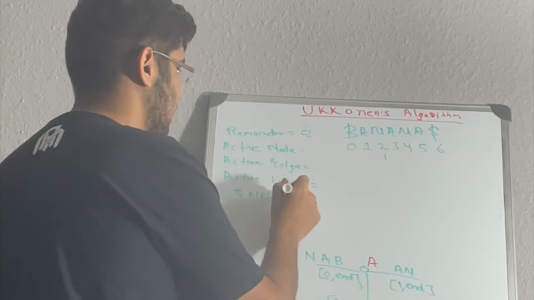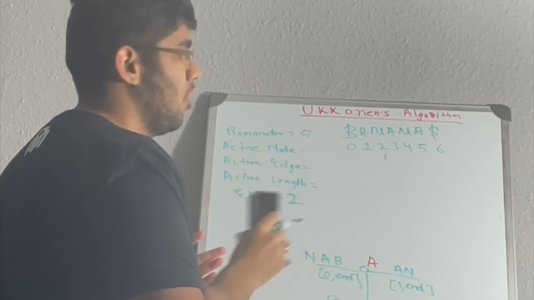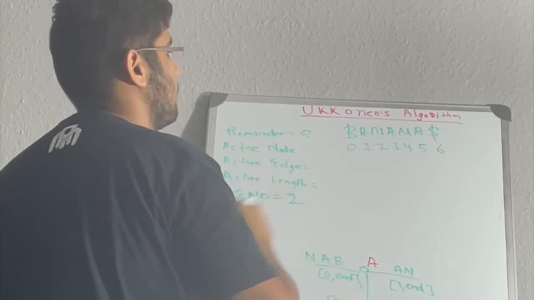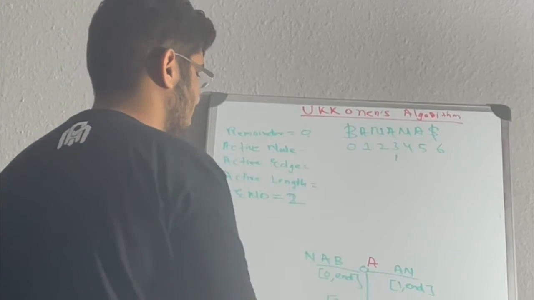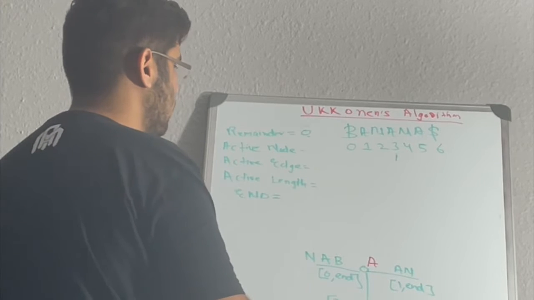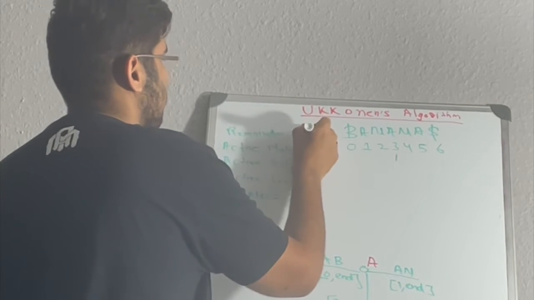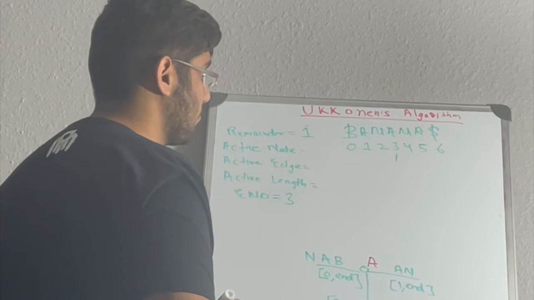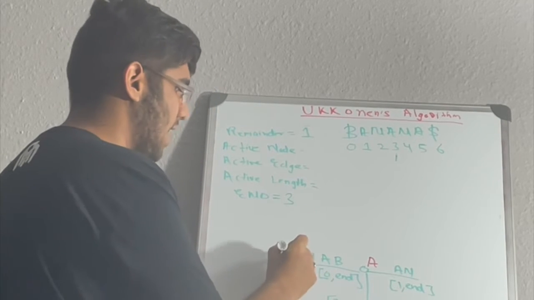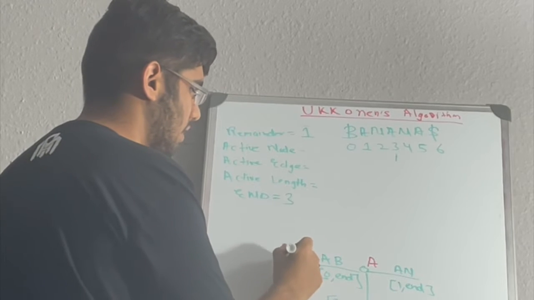Sorry, I forgot to keep this. And now we'll go to the next phase. We'll increment the value by 1. By rule 1 extension, we add it to all the paths. A.